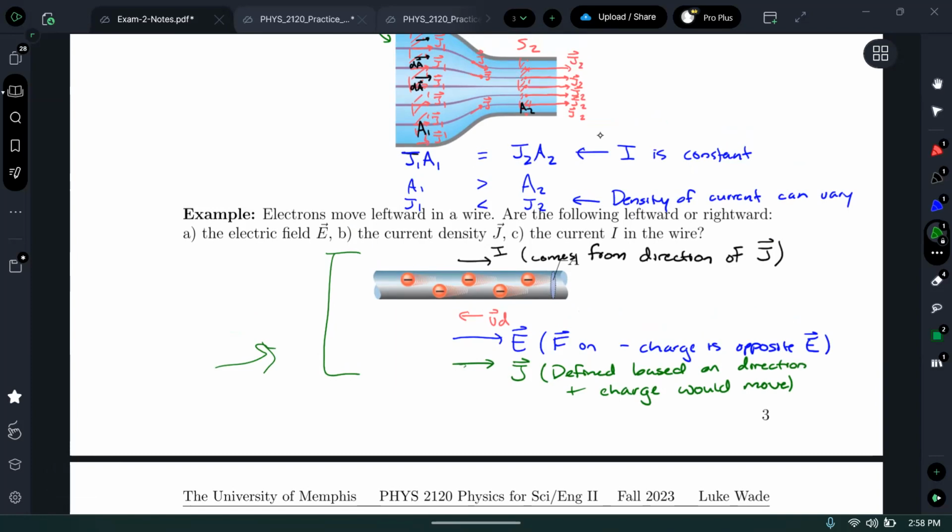The EMF is doing work to raise something to a higher potential against the electric field. So it factors in, but because EMF is not introduced until the next chapter, I'm not trying to do too much inter-chapter stuff. So it would not ask a question like this based on EMF.